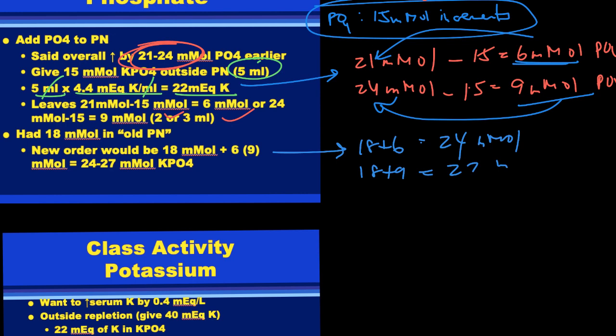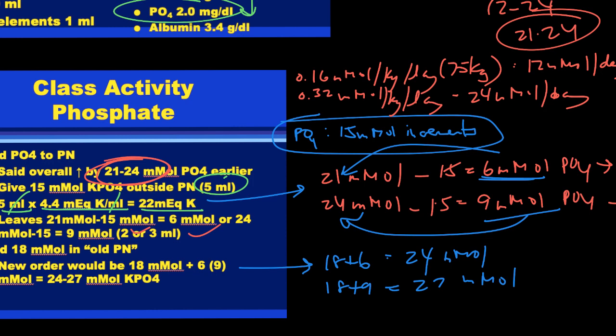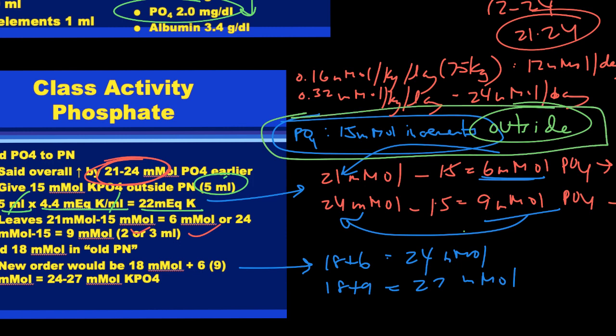Okay, so why did we get the 24 and the 27 when we're already giving the 15? Remember, for refeeding syndrome, correct the electrolyte abnormality first, which means you're going to give the 15 increment outside the TPN. So, like, feed him as a packet. We have packets at the hospital. Or, like, shoot it in his mouth or through an IV. So this is your outside correction of your hypophosphatemia.